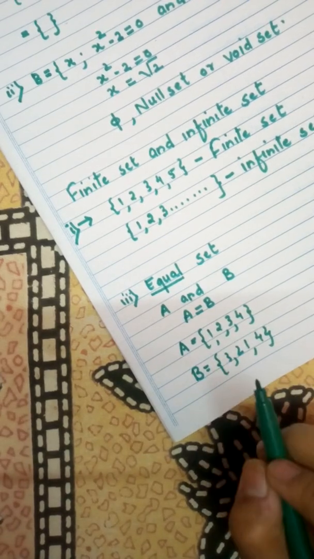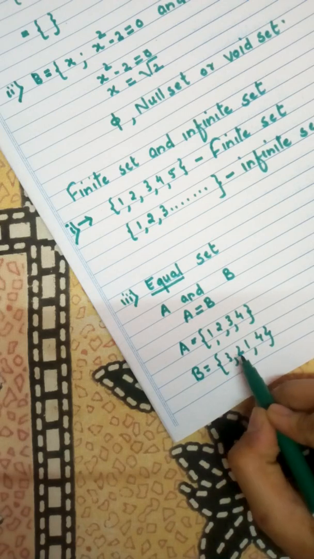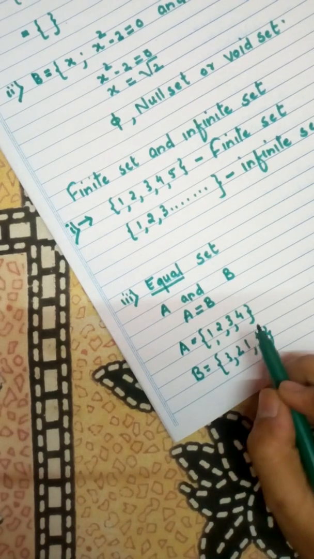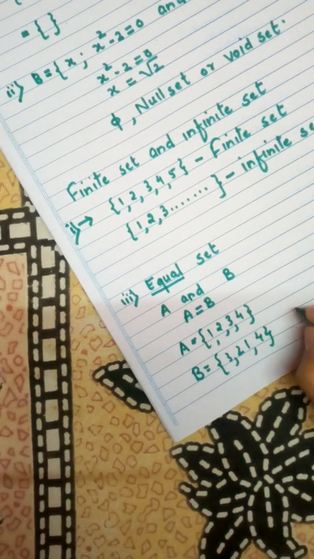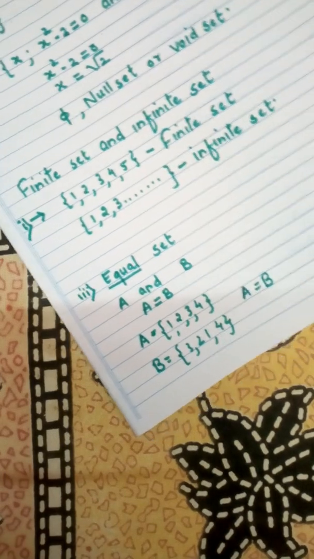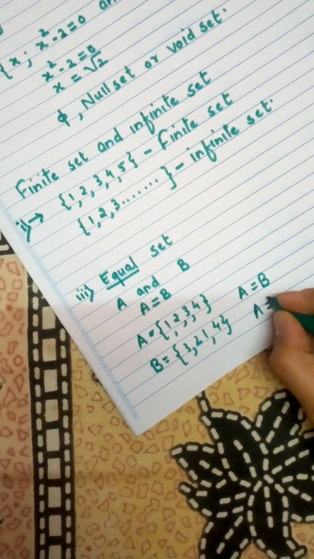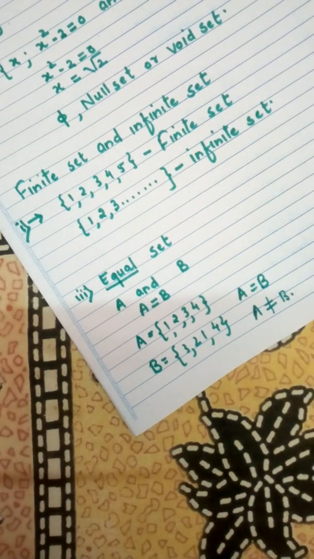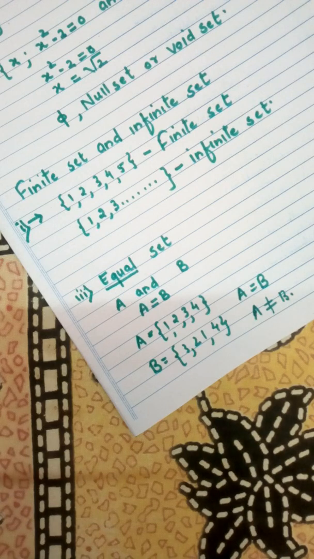Here the order is not important, but the elements are the same, therefore A is equal to B. And when A is not equal to B, we write it in this form, A is not equal to B.